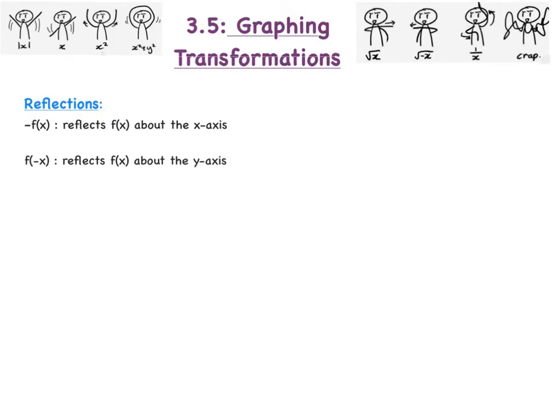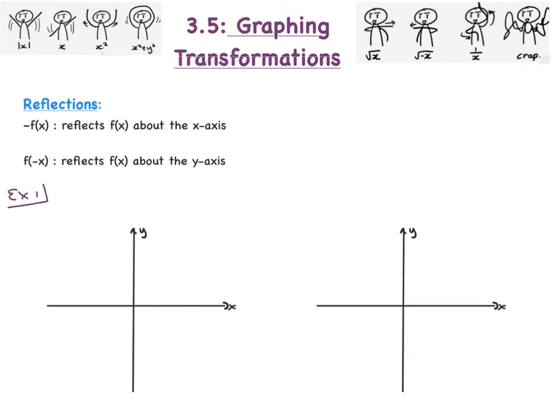Let's try just two quick examples that practice this. So to start, let's sketch y equals negative absolute value of x. Now remember, you know already that the absolute value of x is our V graph. And this negative that we have here for our reflection is on the outside of our function.